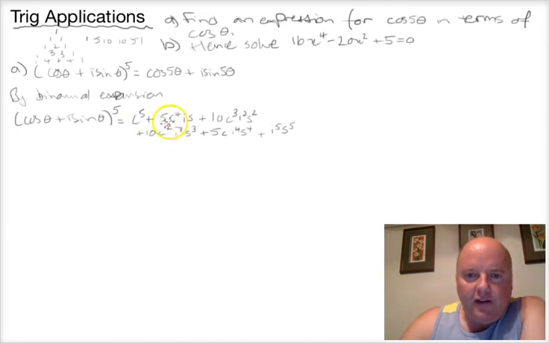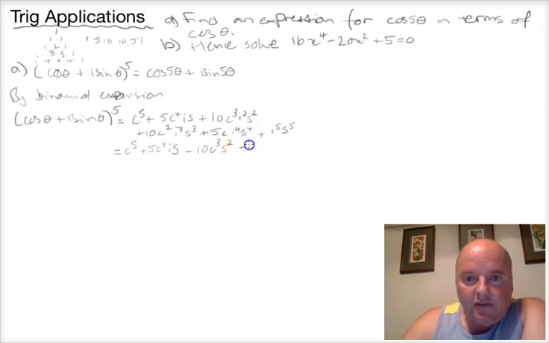What I'm going to do now is change all these i squareds, i cubeds, i to the power of 4s, etc. just in terms of i. So I'll put it over here and line up the equal signs. So that's cos to the power of 5 plus 5 cos to the power of 4 i sine. i squared is minus 1, so this becomes a minus 10 cos cubed sine squared. i cubed is i squared times i, which is a minus i.